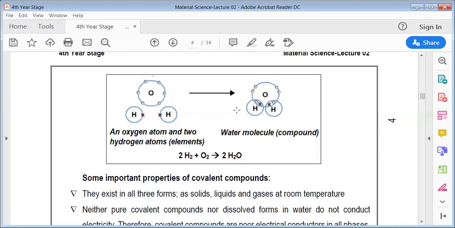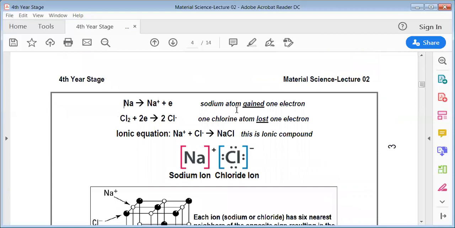They don't belong to only one. It's a sharing bond. You have two pairs, one pair between hydrogen and oxygen and the other pair between the other hydrogen and oxygen. So these electrons are now shared by both atoms. That's why it's called a covalent bond.